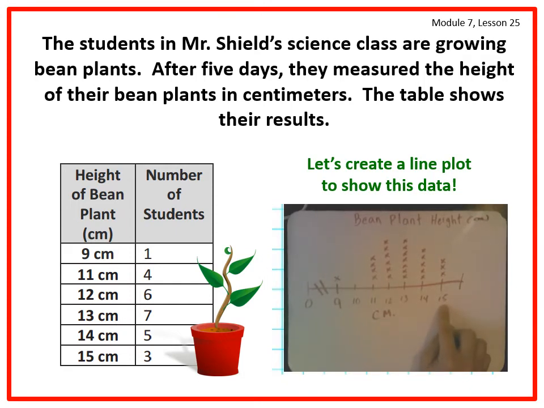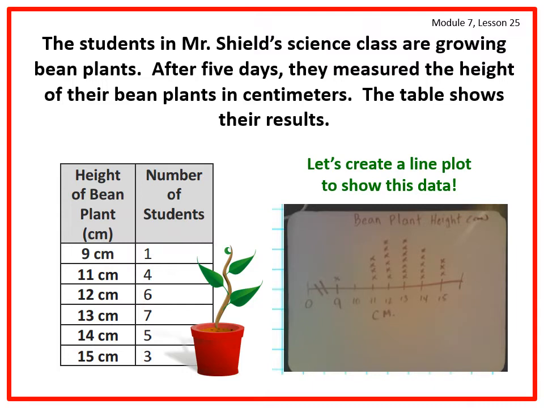Why do you think this happened? Why do you think of 9 centimeters, there's only one little plant, and for 15, there's only 3 plants? When these guys in the middle, 11, 12, 13, 14, have more. Why do you think this one only 9? Yeah, I think that student, maybe he wasn't watering the plant enough, right?